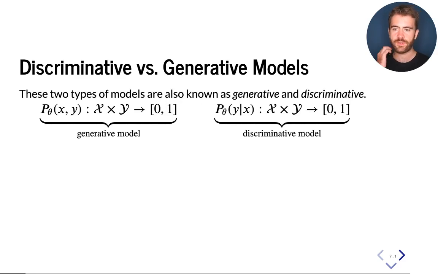We've seen a few of these different classes, or different dimensions along which machine learning algorithms can be compared. We saw, for example, in the previous video, non-parametric versus parametric models. We've seen classification and regression algorithms.